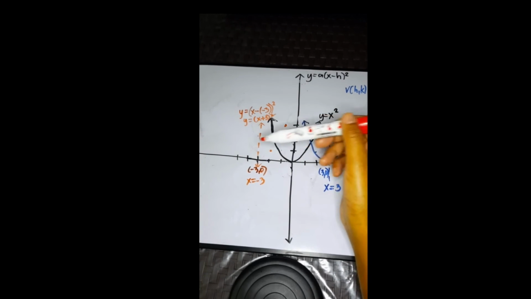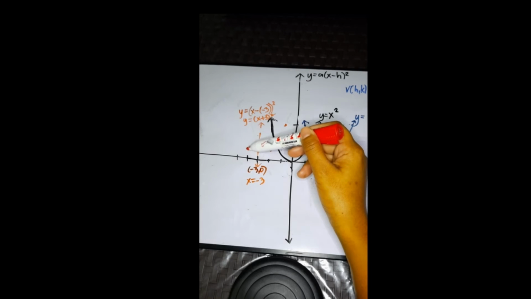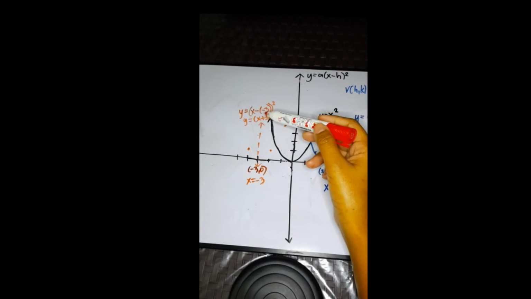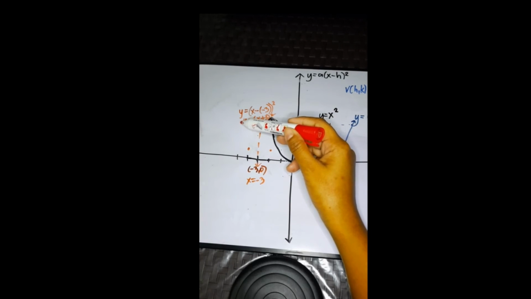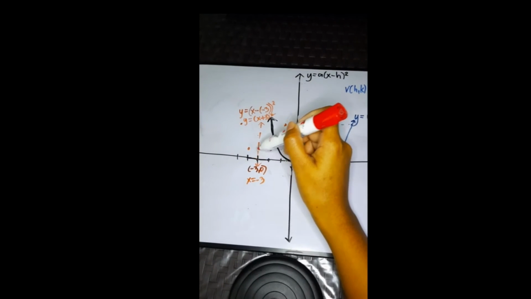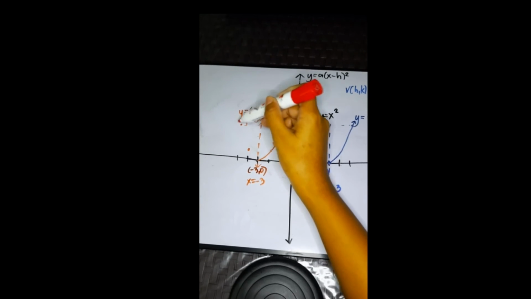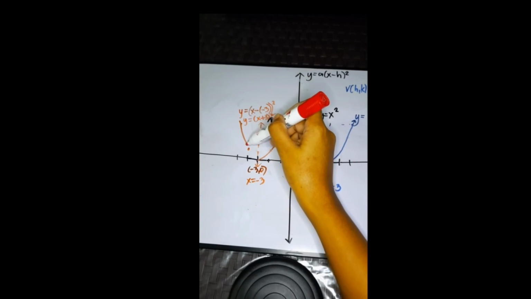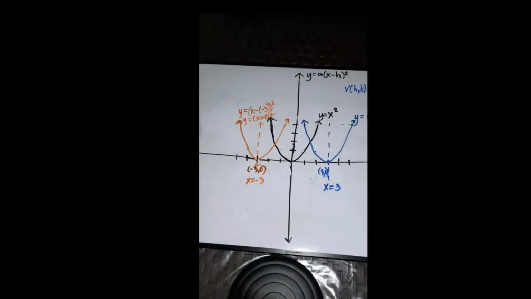Negative 1, I should say, sorry. If our x is equal to negative 4, our y is 1. If our x is 5, our y is 4. Okay, so therefore, our graph will look like this one.